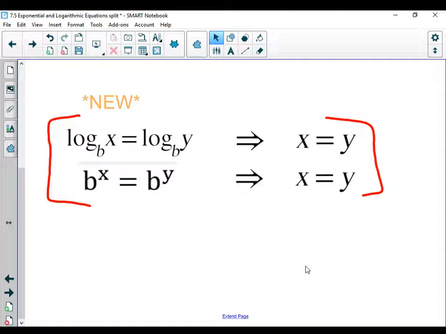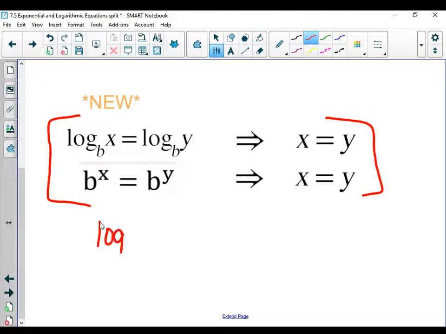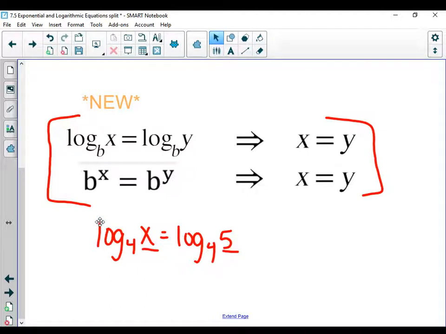For example, I could give you log base 4 of x is equal to log base 4 of 5. And I would say, what does x equal? 5. So we would just set those equal to each other and we would find our answer.